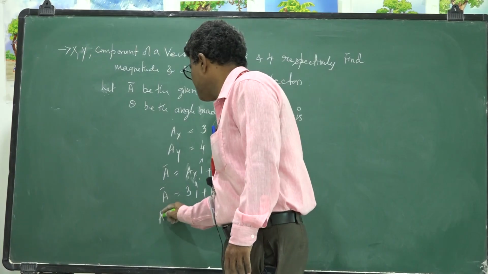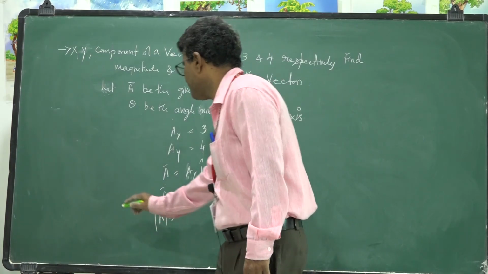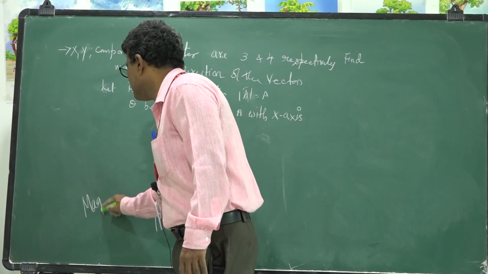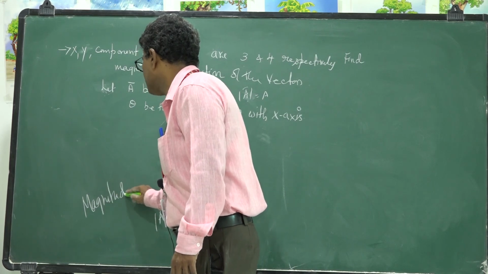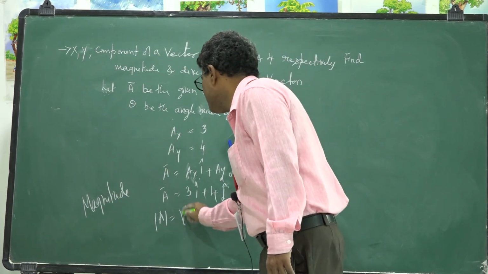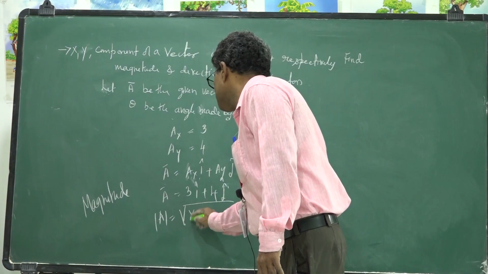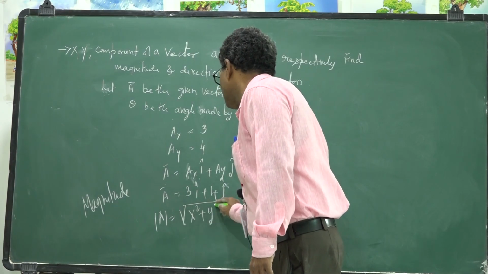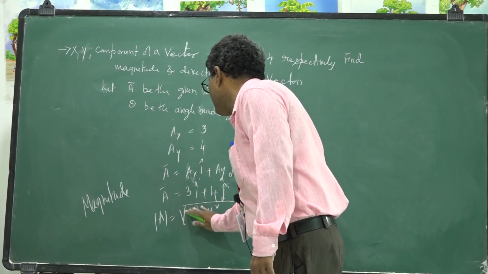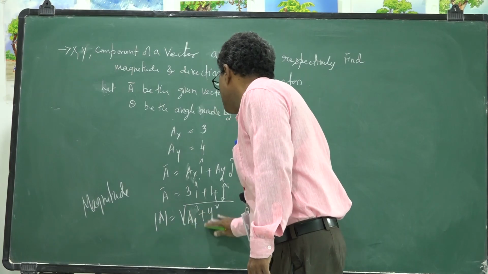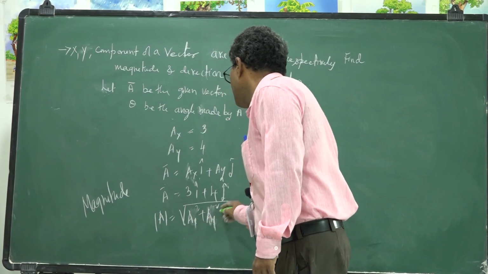What is its magnitude? We want the magnitude of the vector. Magnitude is given by the square root of x square plus y square, that is, ax square plus ay square.